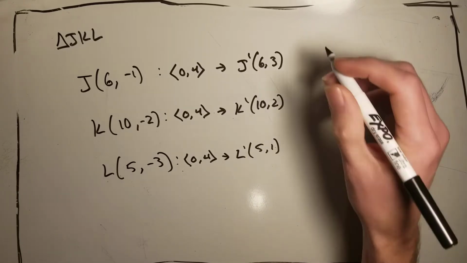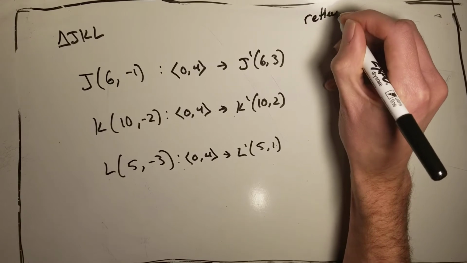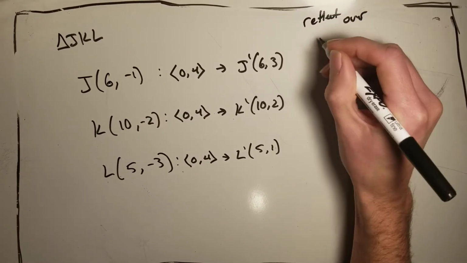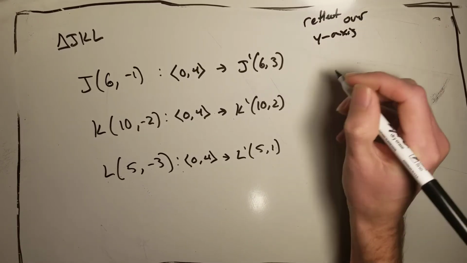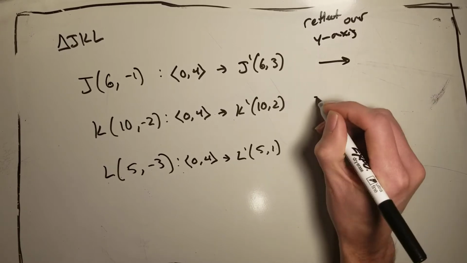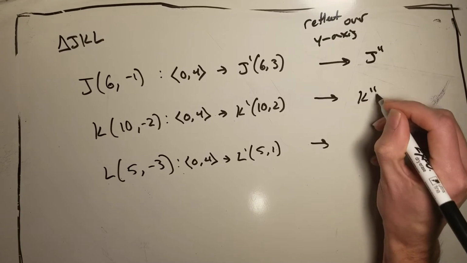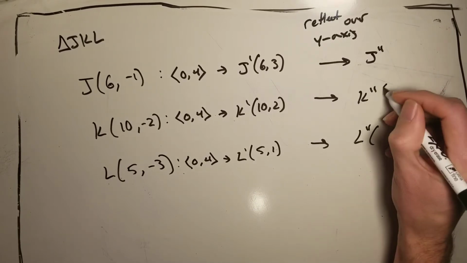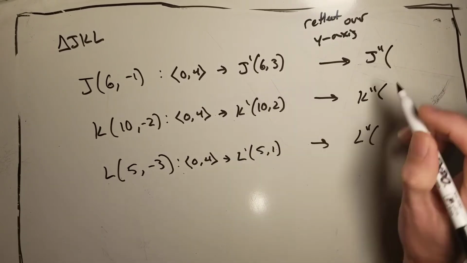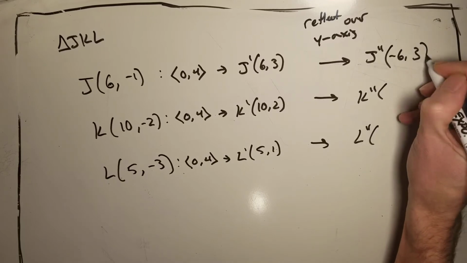Then our second transformation is to reflect over the y-axis. So when we reflect over y, we're going to have J double prime, K double prime, and L double prime. When you reflect over y, your x changes signs and your y stays the same.